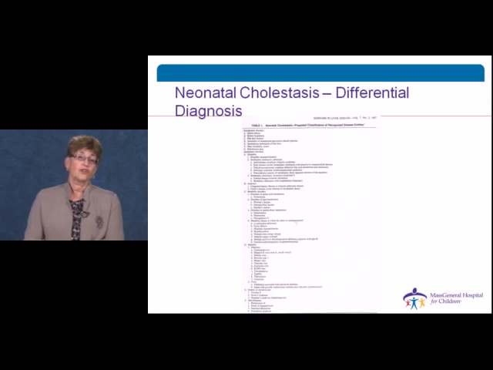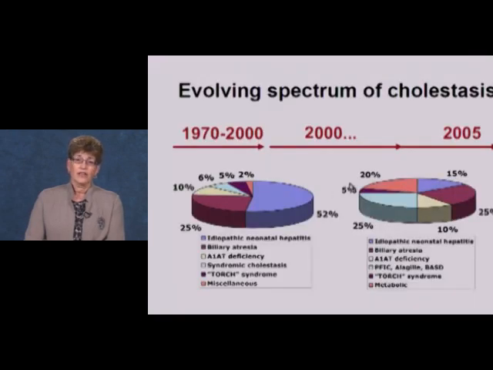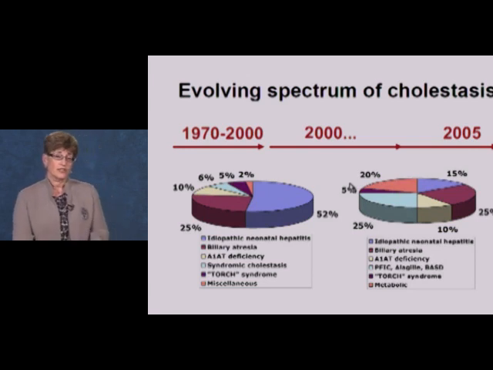So this is the differential diagnosis for neonatal cholestasis. Again, not meant to be seen. The point being that the differential is very long and complex, and we need to have some rational approach to the diagnosis of what the cause of neonatal cholestasis is. So what are the causes of cholestasis?